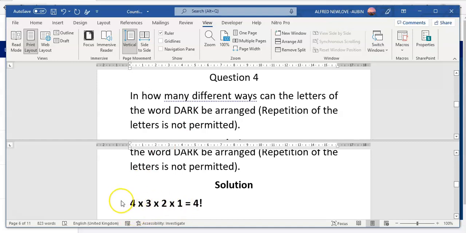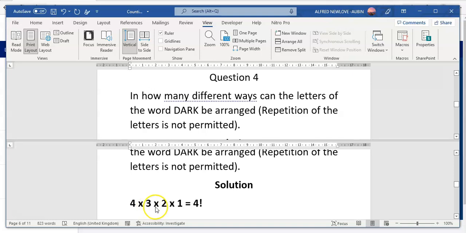So the first space can take any of the 4 letters. The second space is going to take 3. Why? Because the first space has taken 1 letter. So how many letters are left? 3. The third space is going to take 2. Why?